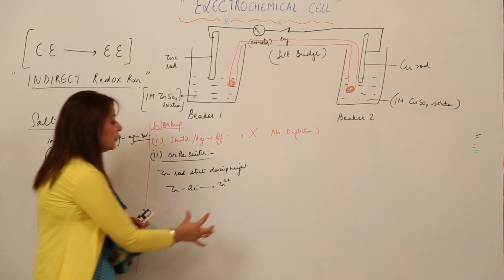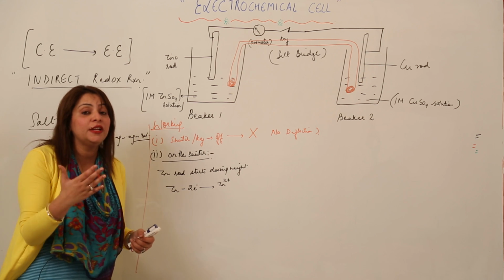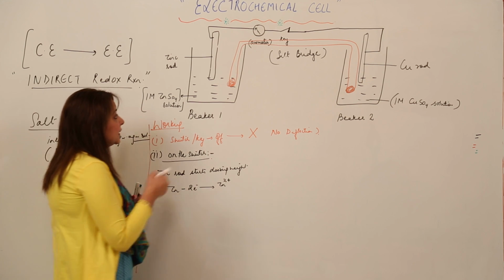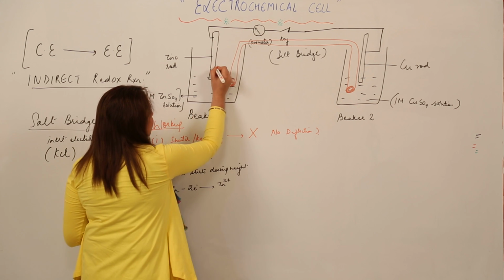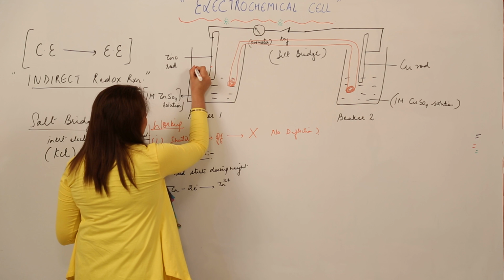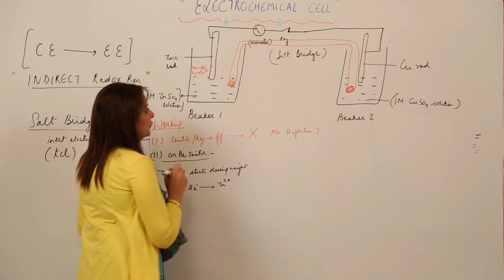Now what is the fate of these zinc ions and what is the fate of these electrons? I mean, where will they go? I'll write here in the figure also because it will be more clear to you. The zinc rod is losing 2 electrons and forming Zn2+, right?